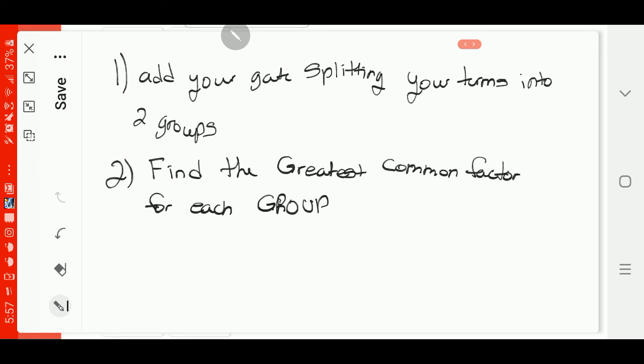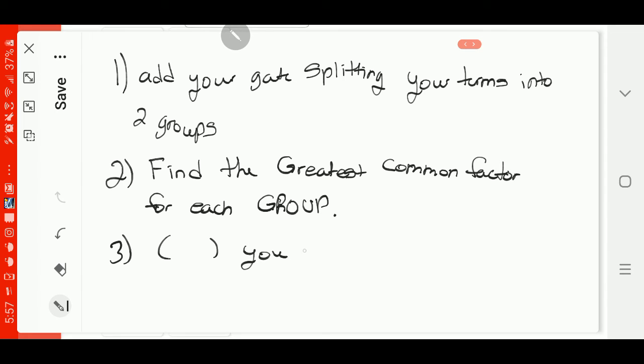I write it in big because you want to factor out the terms in the group, because that's very, very, very important for each group. So then you have your term in the parentheses.